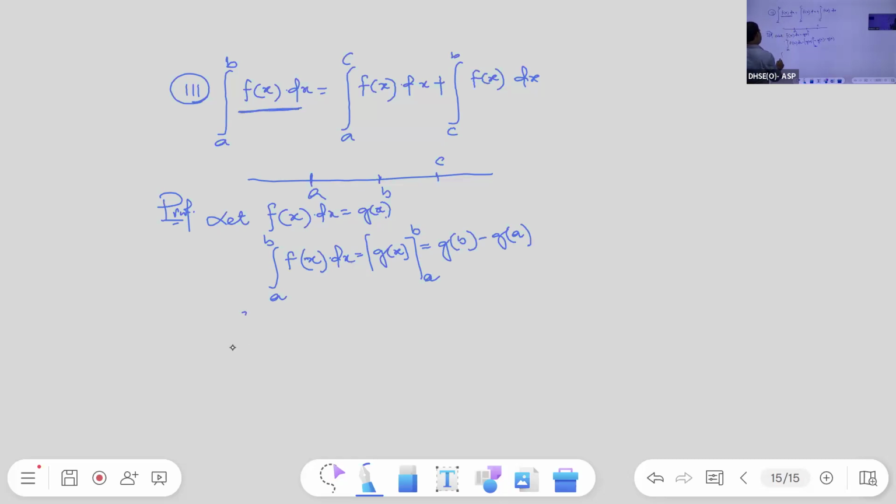Then come to the integral from A to C of f of x dx plus the integral from C to B of f of x dx.